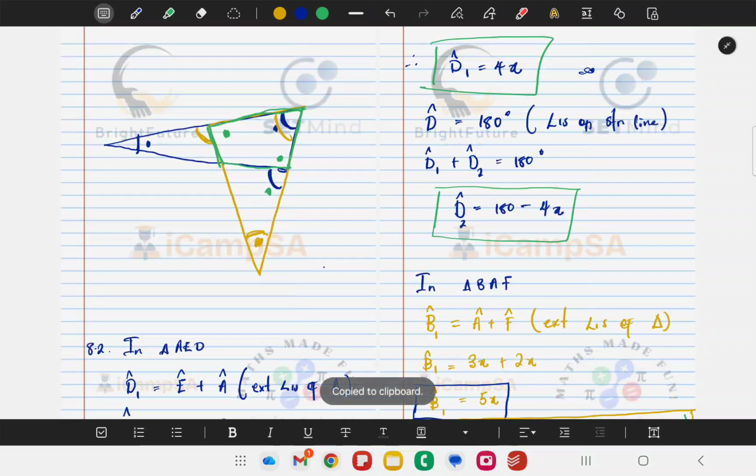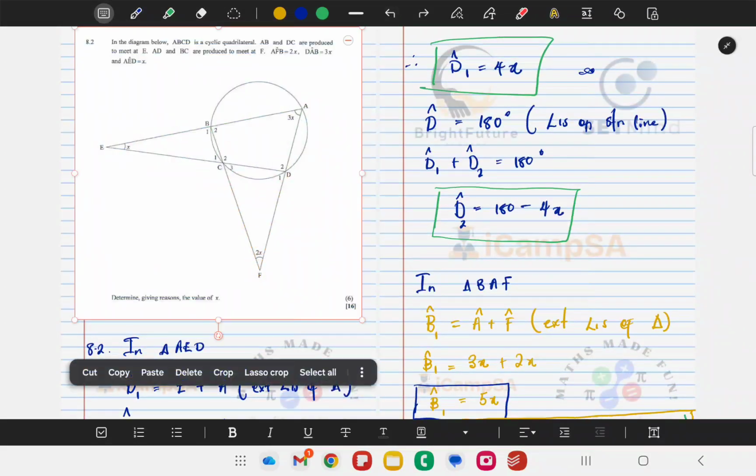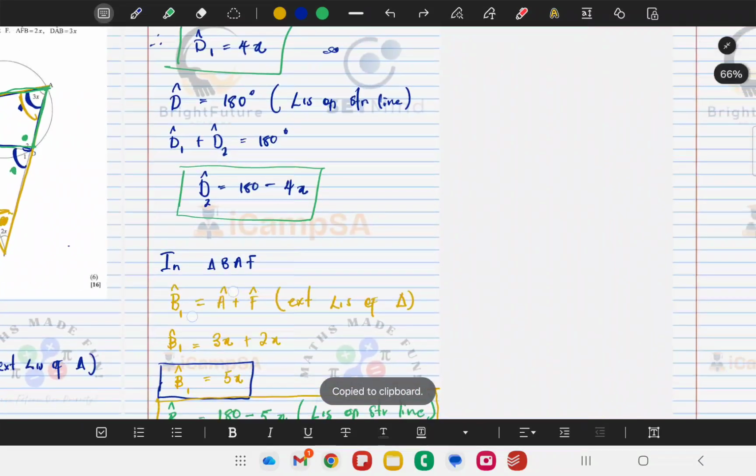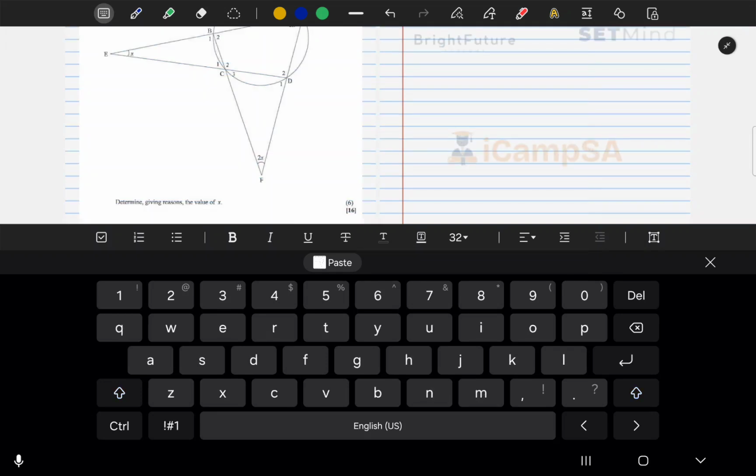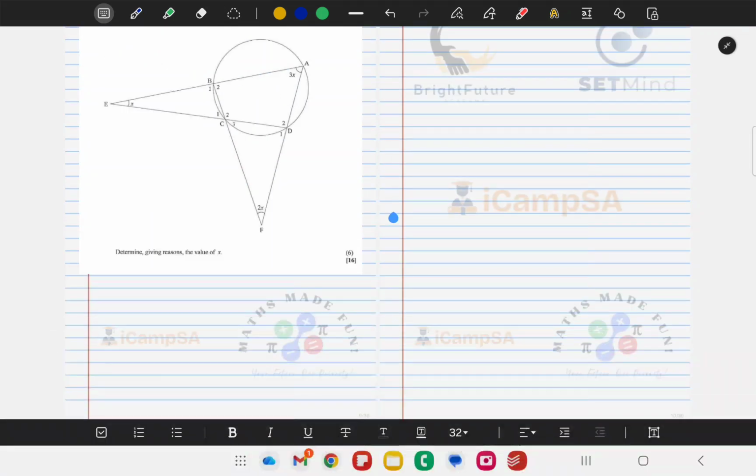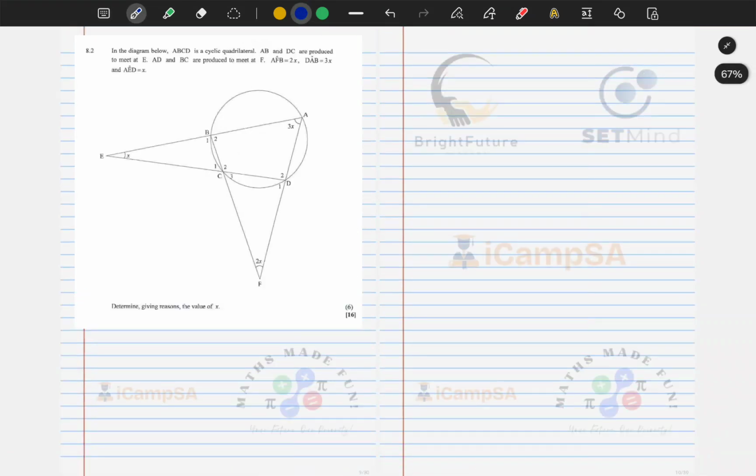Oh no, we are not supposed to cut. Let's just copy and paste here. Great. So remember what we said. We are looking at this cyclic quad and we are saying this is equal to this, right? This is equal to that.